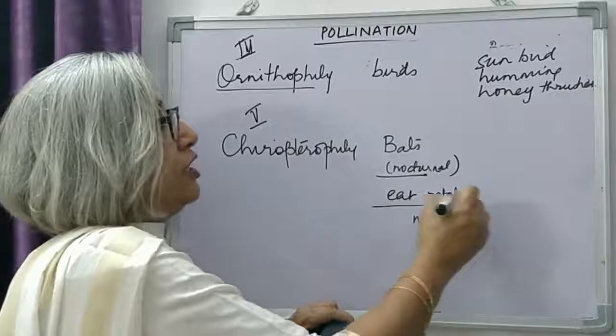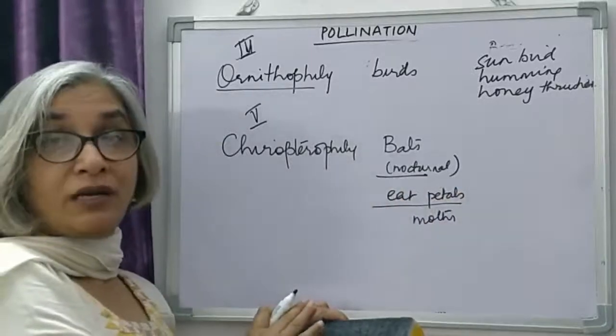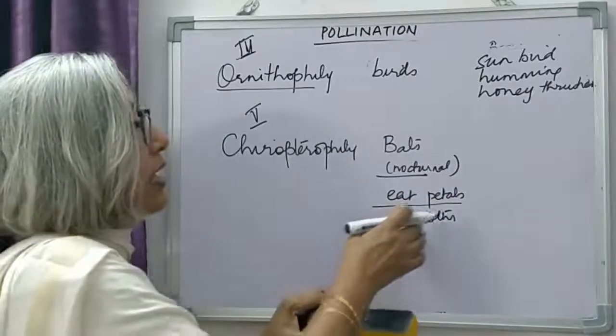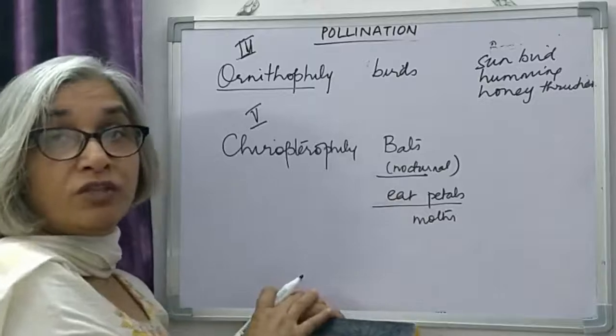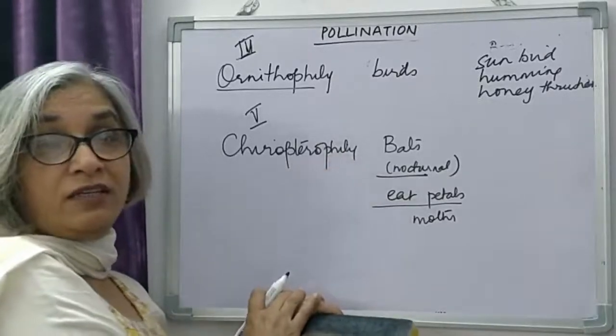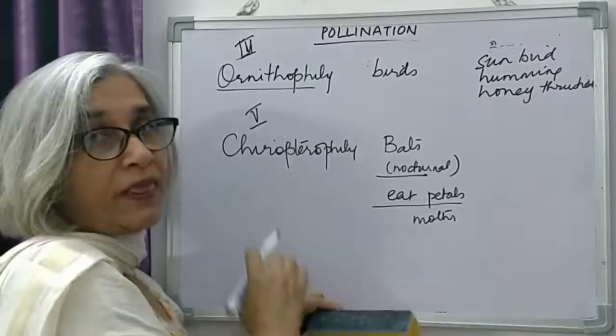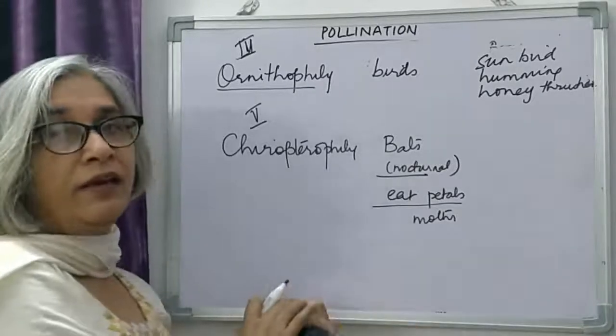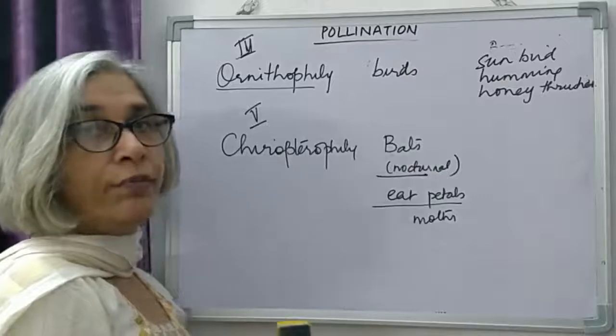Some bats feed on the floral parts, like the petals, and they also feed on moths. So when they visit flowers at night in search of food, accidentally they bring about pollination.